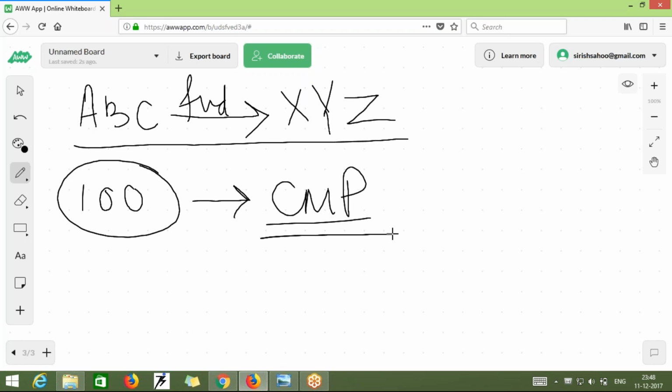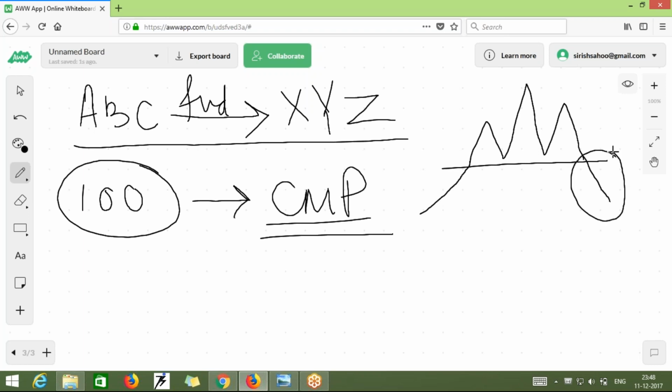Think of a situation where, as we have already discussed, if this is a head and shoulder pattern, to reverse, it should have a prior uptrend. So this is going to be a downtrend and it should previously have a prior uptrend. And ABC started to buy at this level. Suppose this is rupees 100. So he's buying, and definitely ABC is a smart money.